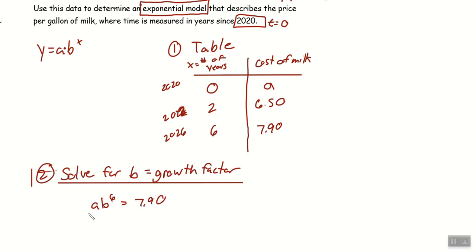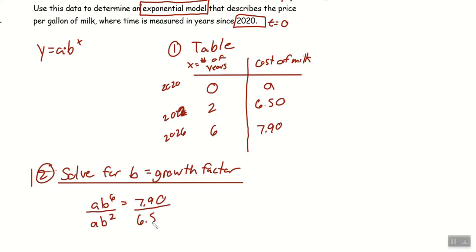Now right below it, I'm also going to put our second equation. We also have A, B to the years, which is what, Landon? How many years for 2022? 2 years. So I'll put a 2 right there. And then what was the cost of milk for that year? Great.